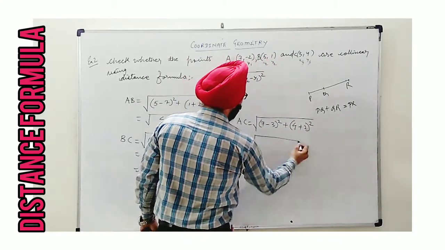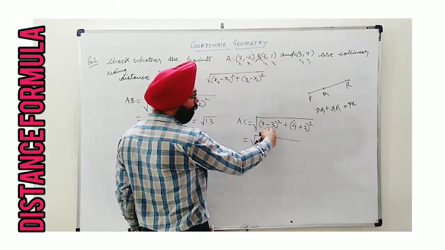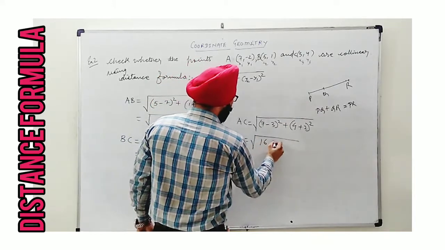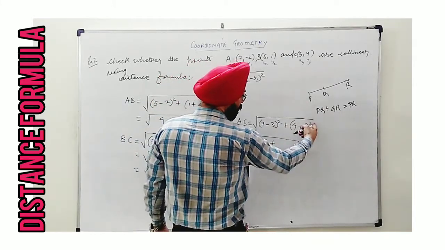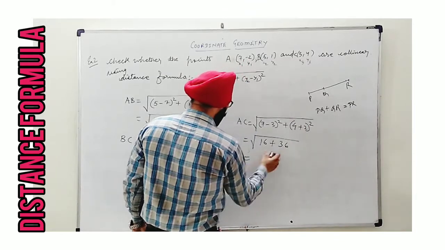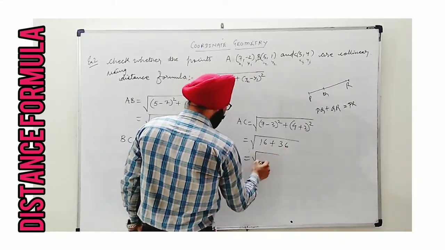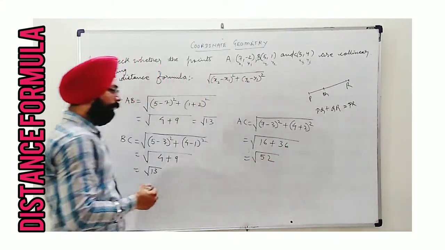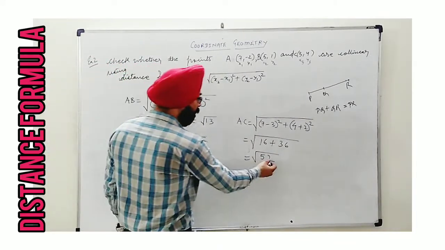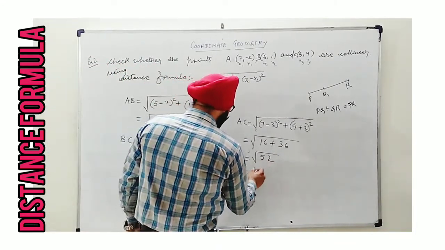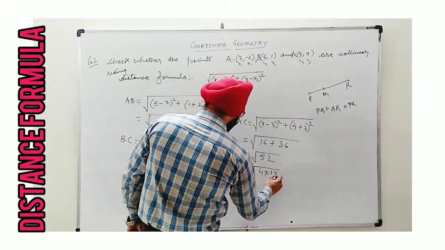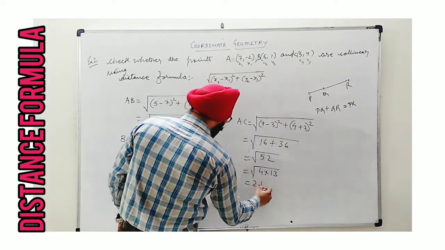Solve. We get 7 minus 3, 4. 4 square, 16. 4 plus 2, 6 square, 36. Solve. It comes 52. Now 52 should be simplified. We know this is 13 4s are 52, so 4 into 13, taking square root will be 2 root 13.